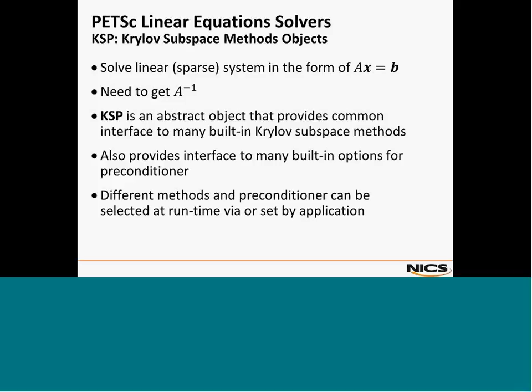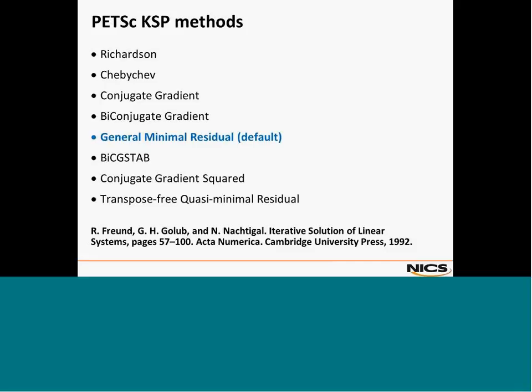So the next thing here is that you can quickly run with different kinds of preconditioners and different methods without actually changing your code and see what is the best solution, what is the best way to converge, or the least error tolerance. So it's really good for you to experiment with different solutions. Here's a sample of the KSP methods available in PETSc.